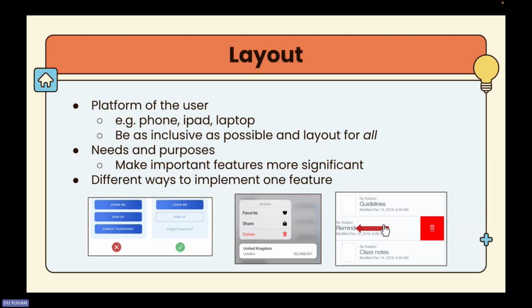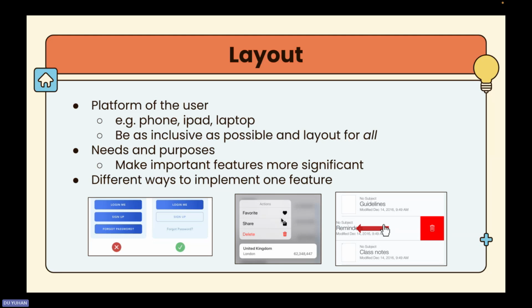One tip that I want to mention is that there are always different ways to implement one single feature. For example, let's take the delete button. iOS users would know that this particular menu is called the context menu. This is a neat way where you can hide your delete button: you press and hold a certain list item, and this menu shows up for you to delete something.